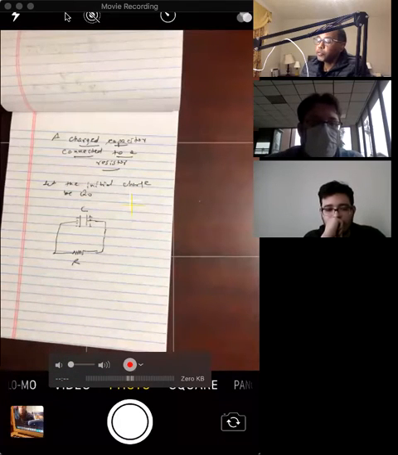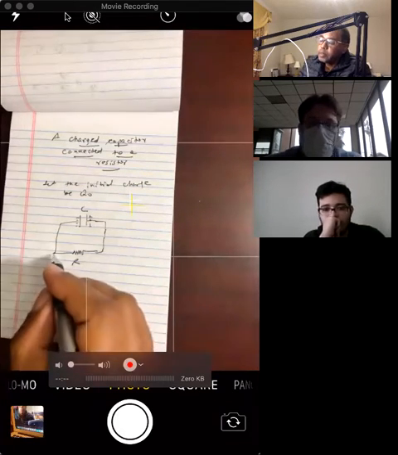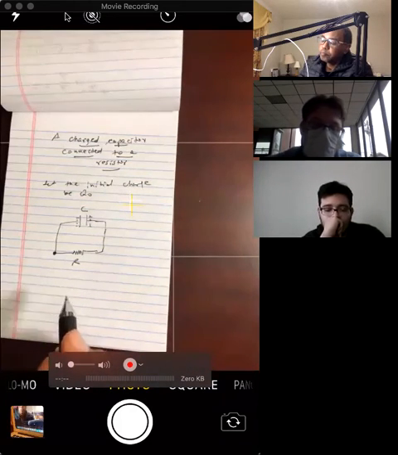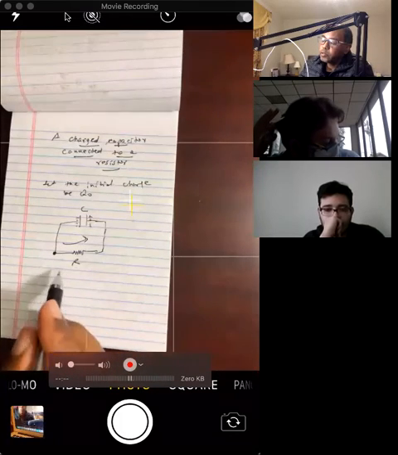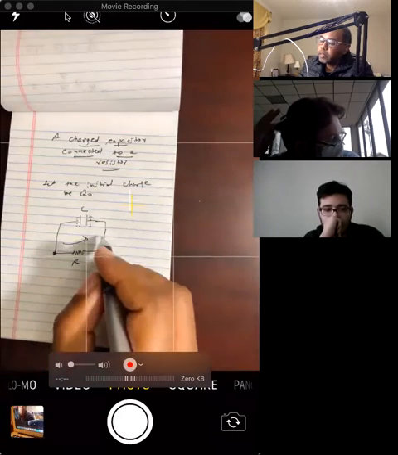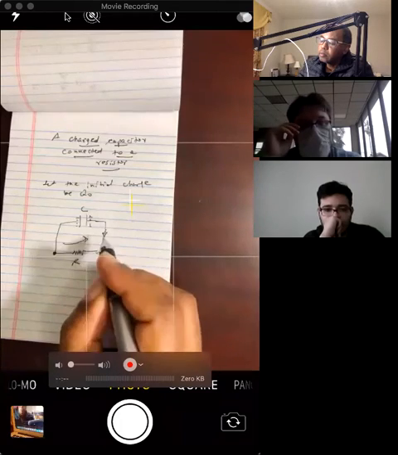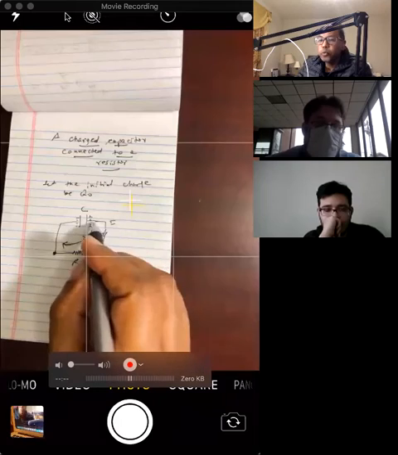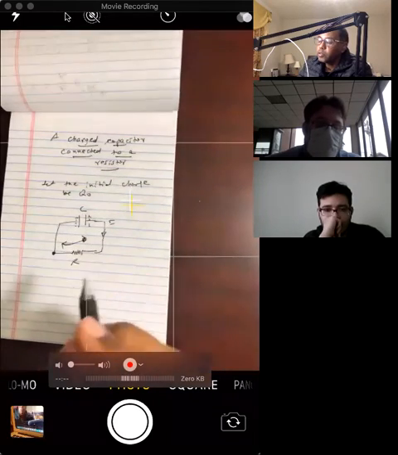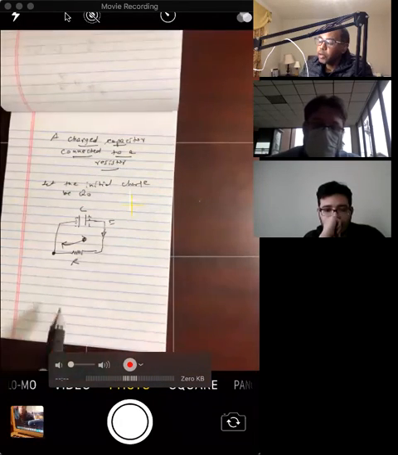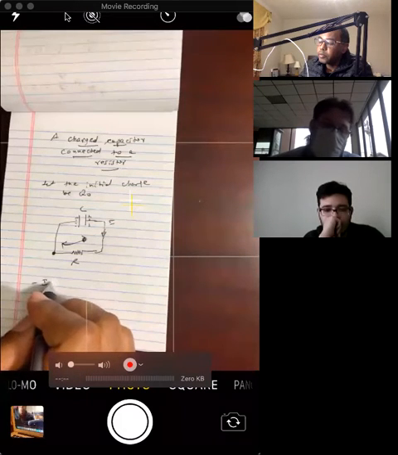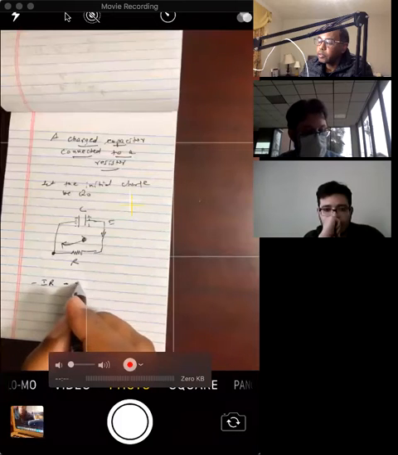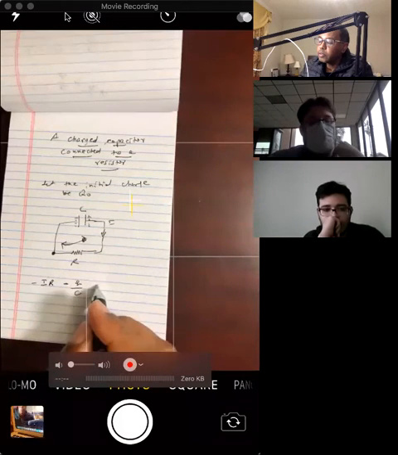Okay, so we're going to apply Kirchhoff's rule. Let's start over here. Maybe let's go this way. The current is going this way. This is positive charge, I'm going to go this way. So this is in the direction of the current, so it's going to be negative IR. And then we have minus Q over C equals 0.